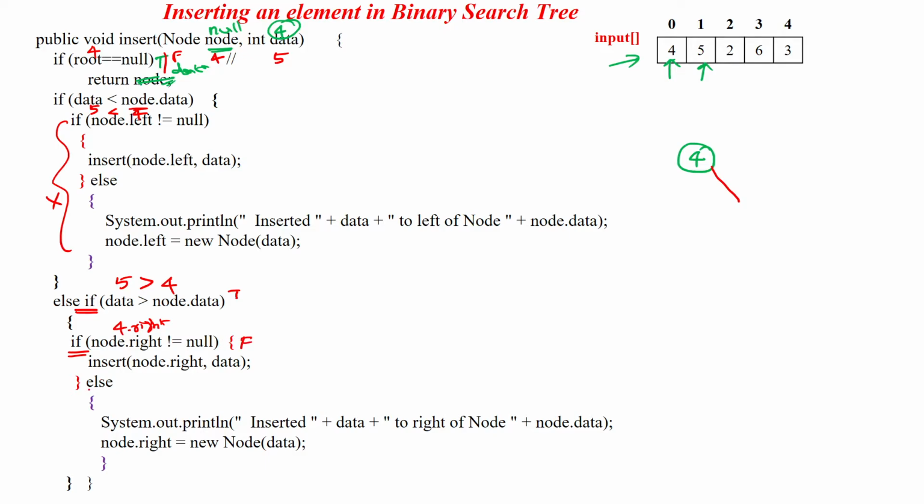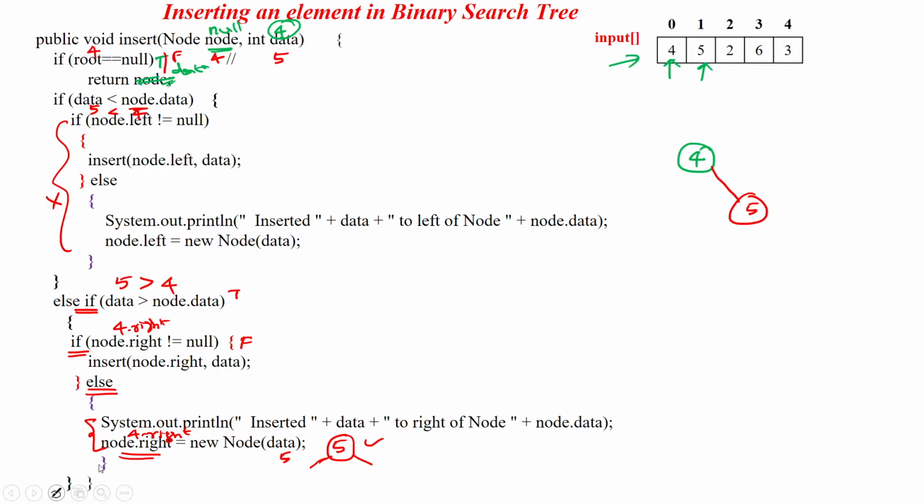If it is false, the else portion will execute. In the else portion, for the data 5, we are creating the node 5 with the left child pointer and right child pointer. That will be added as node dot right, so 4 dot right will have node 5.